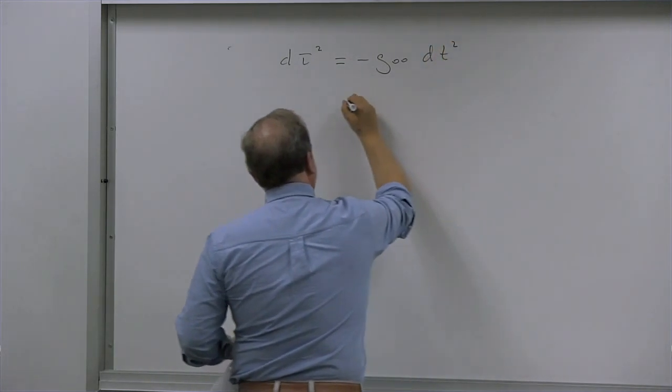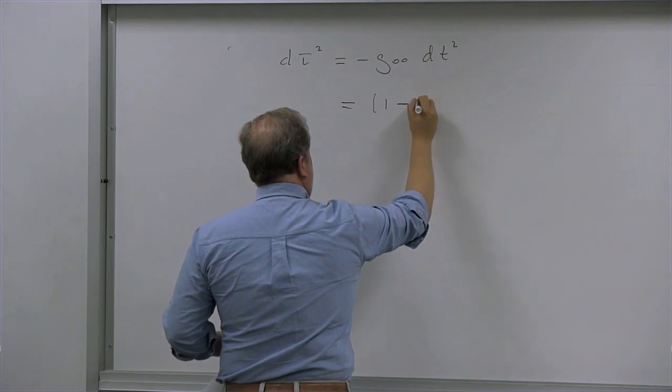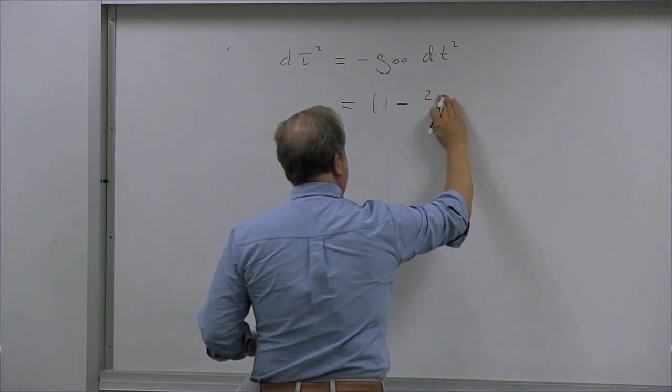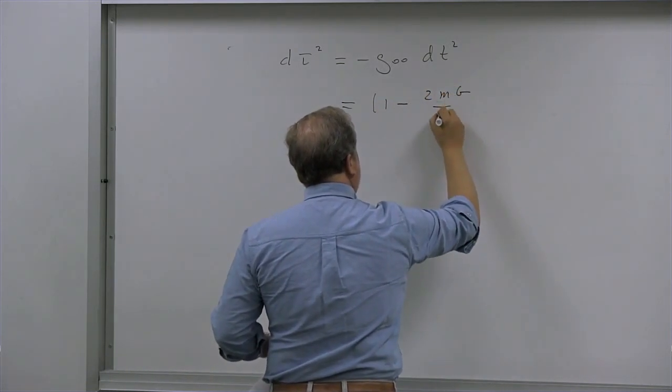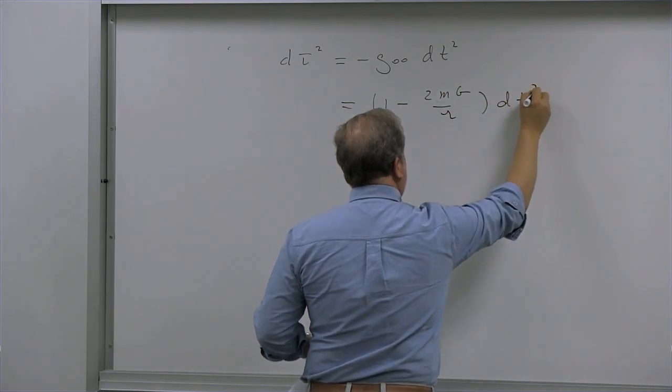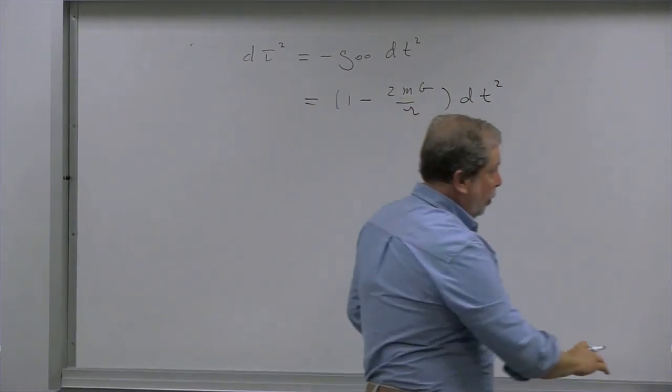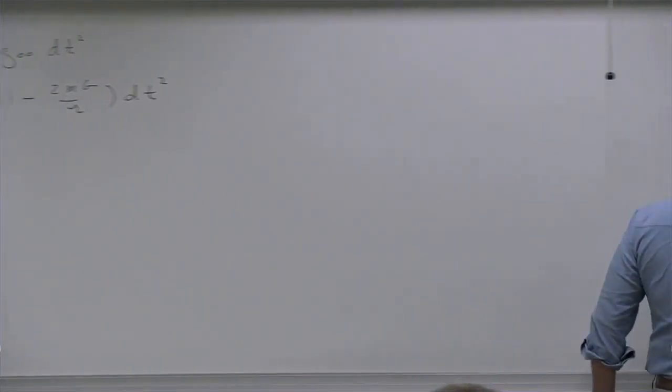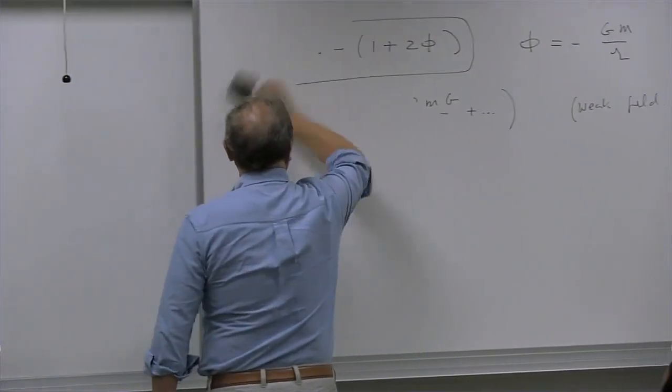And so this is equal to 1 minus 2 mG, or small mass, times G divided by r, times dt squared, plus, in the weak field limit, which is this result up there.